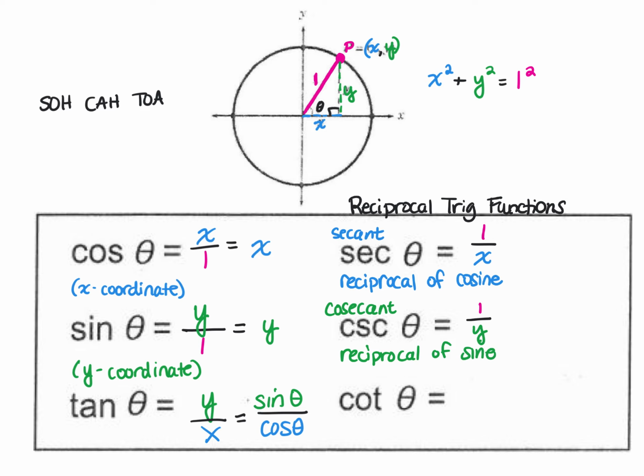And then finally, cotangent. Cotangent is going to be the reciprocal of tangent. And once again, this is cotangent. So cotangent is the reciprocal of tangent. So a couple ways that I can write that. I could either write it as x over y, or I could write it as cosine over sine.